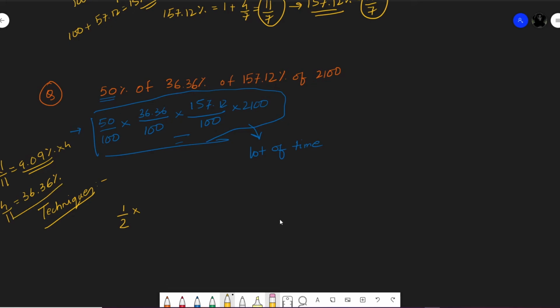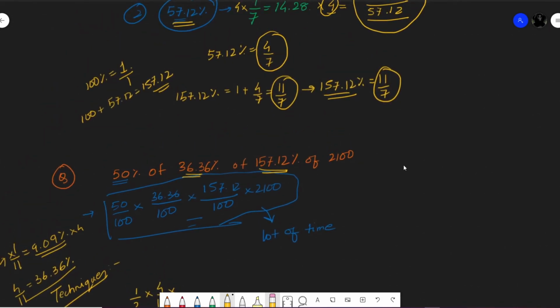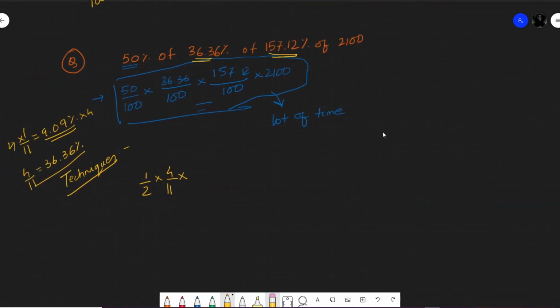We just multiply it by 4 and we get this. So this 36.36 becomes what? 4 by 11 into, we already know that this becomes what? 11 by 7. We have done this, 11 by 7, right? So this becomes 11 by 7 into 2100.